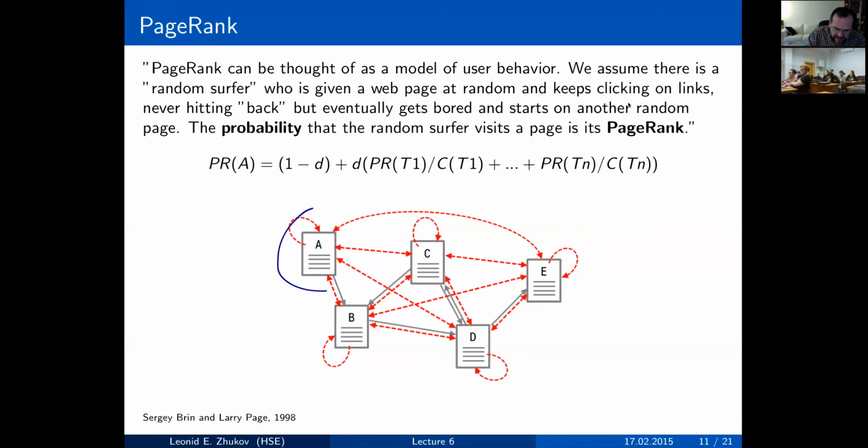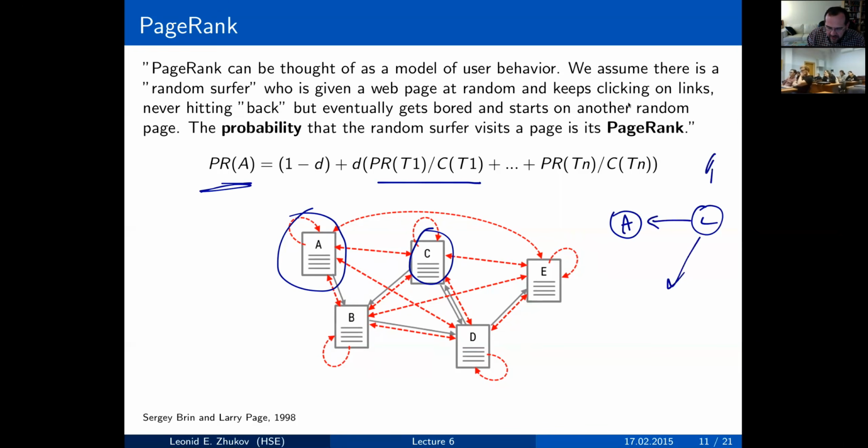We look at this node, say node A. The probability to be on this page comes from the probability to be on its neighbor, say this neighbor, node C. There is a connection, but from node C you can also go to node D and node B.